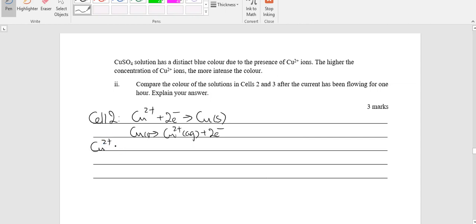Cu2 plus is consumed at the cathode. I really should have timed this. And produced at the anode at the same rate.